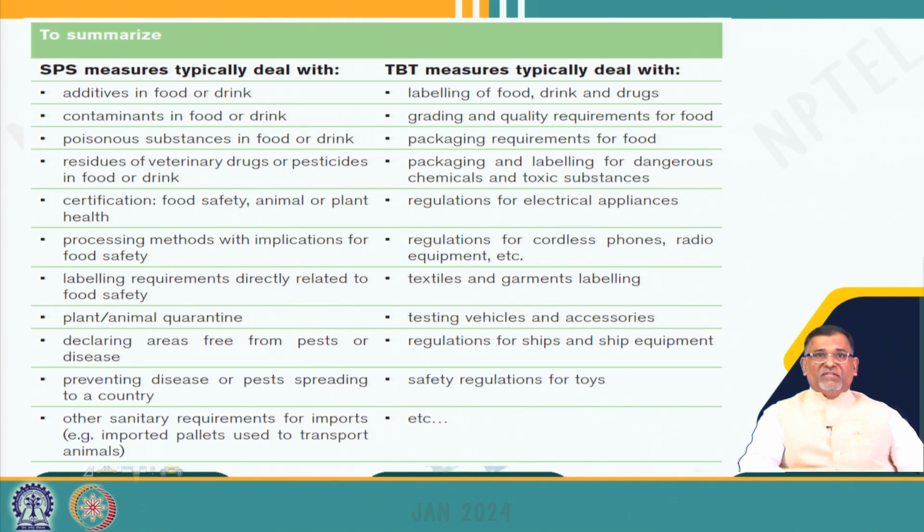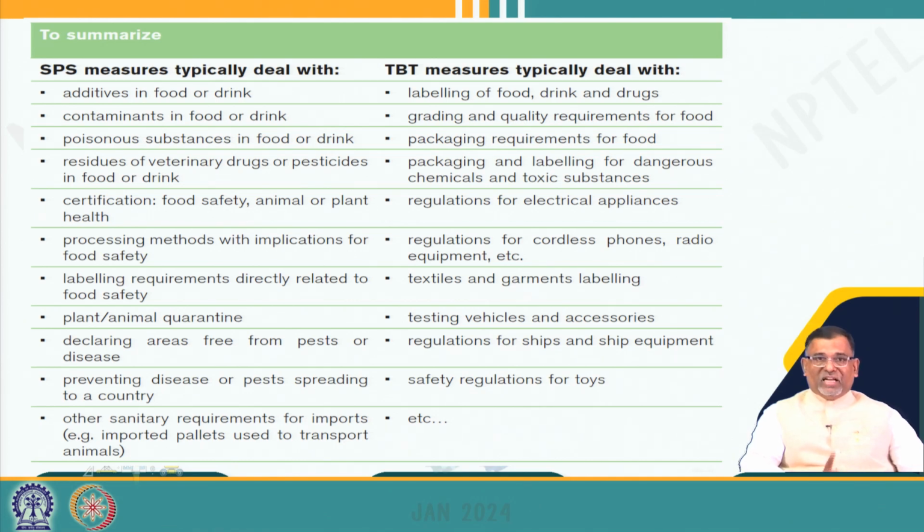Then again if you compare this, you can see within the SPS measures, typically it deals with additives in food or drink, contaminants, poisonous substances in food or drink, residues of veterinary drugs, certification, food safety, animal or plant health, then processing methods with implications for food safety, and labeling requirements directly related to food.